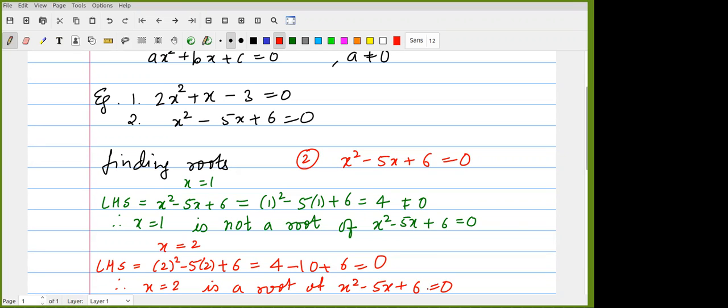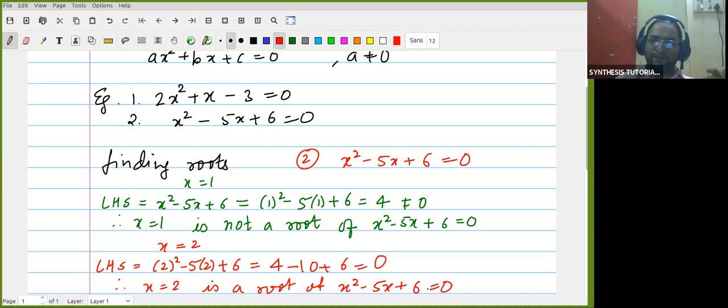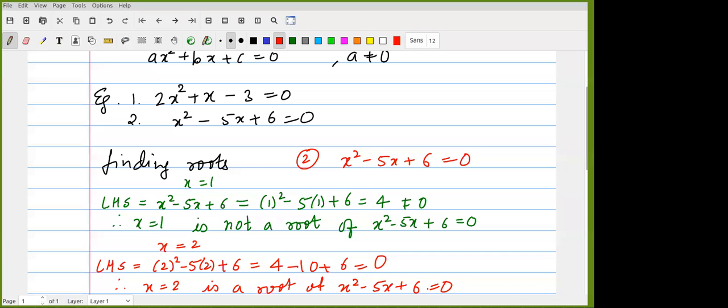It is a root, right? Once we put x equal to 3, this becomes 9 minus 15, which is minus 6. Minus 6 plus 6 is 0. So this is the idea of roots.